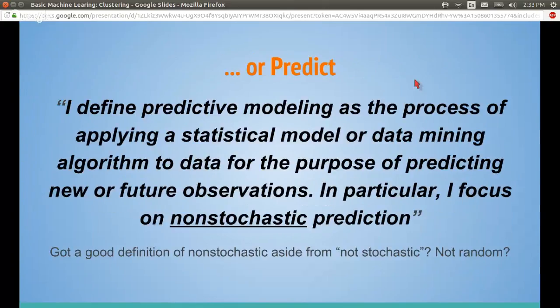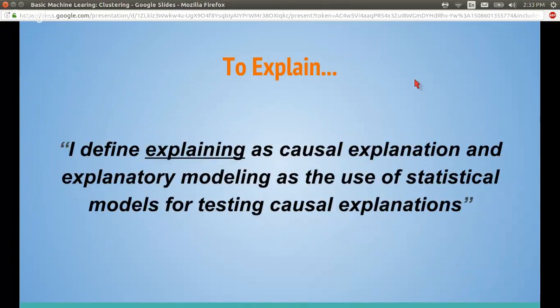He's talking about explain, the looking backward, the finding a model as the causal explanation, and explanatory modeling, again, explaining as the use of statistical models for testing your explanation. So has anybody ever done hypothesis testing, where you have your H0, and then you set up your alpha to say we want to have 95% confidence, and then you run your test and you either accept or reject your hypothesis.